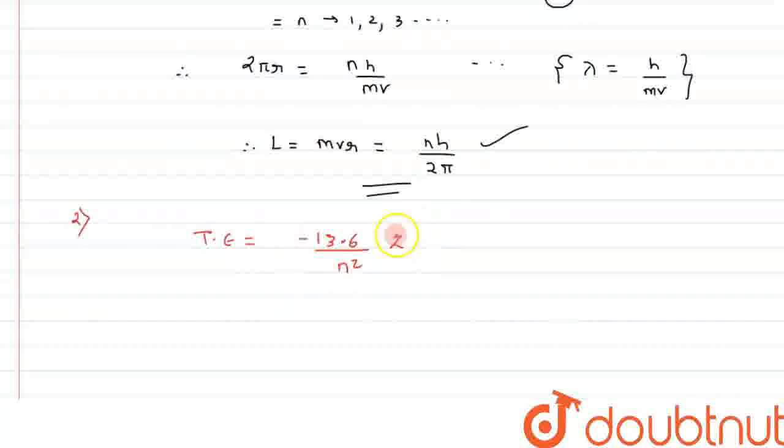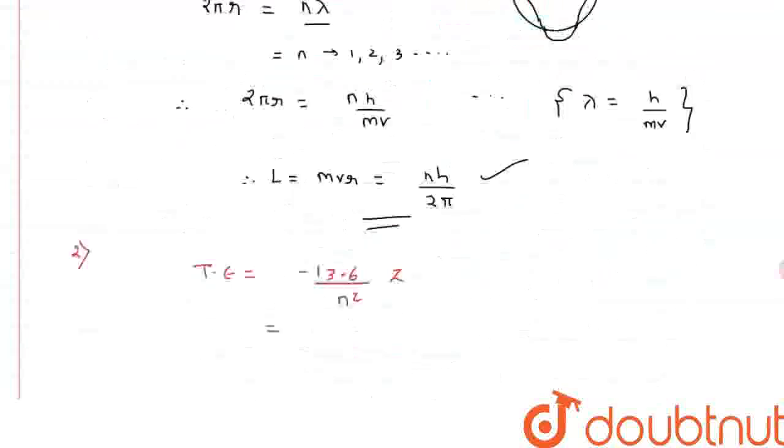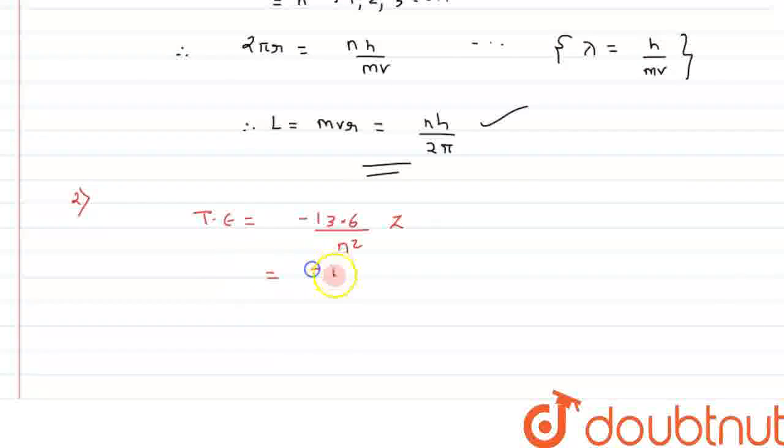For hydrogen atom the value of z is 1 only. It's been given that the total energy is minus 13.6 electron volt.